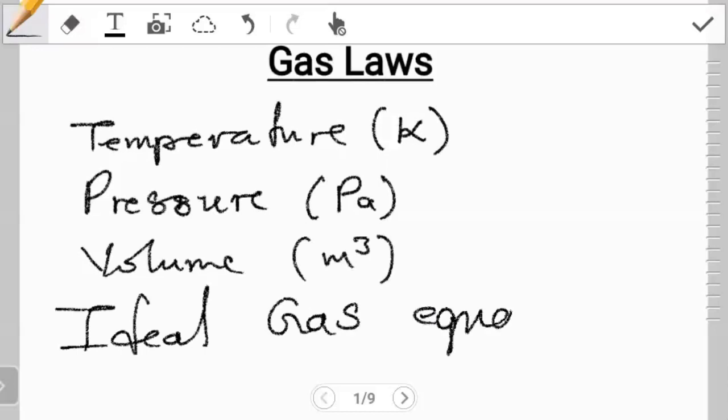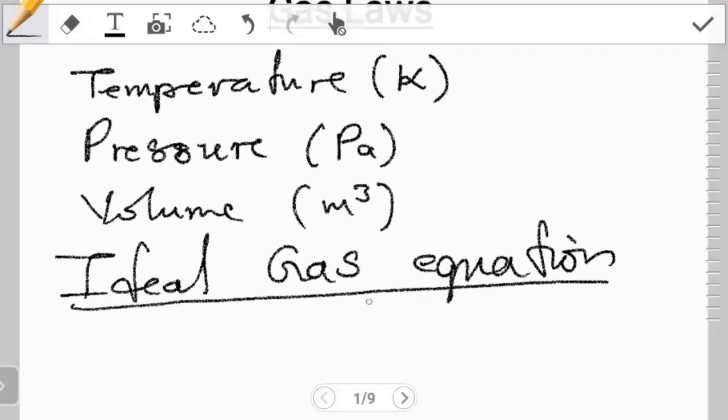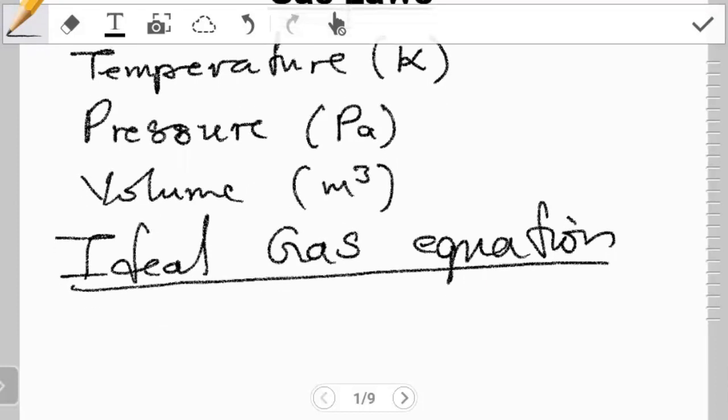Basically, this is just a well-behaved gas, if I can put it like that. It's a gas which obeys the most basic of laws, very simple to predict and so on. But in reality, a general gas might not obey these laws, unless at certain temperatures and pressures.